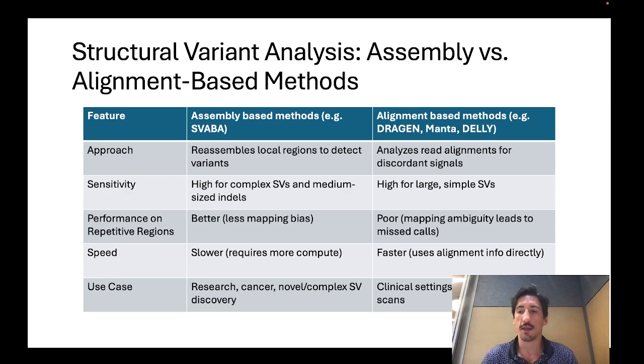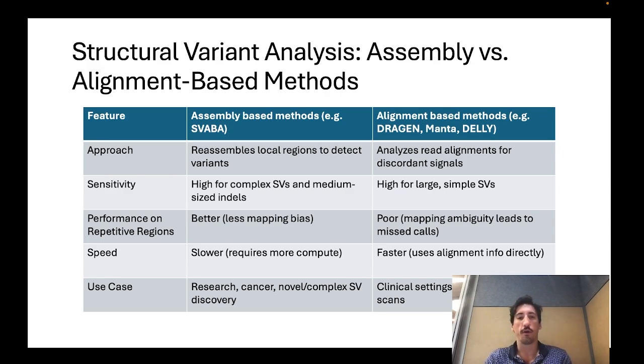But assembly-based methods require more compute, and they tend to be slower, and they're not always ideal for high throughput pipelines. So SvABA tends to be better for specific research applications. Say you have a particular sample that's giving you a headache and you don't understand what structural variant's driving a particular phenotype. SvABA is great for that particular case.